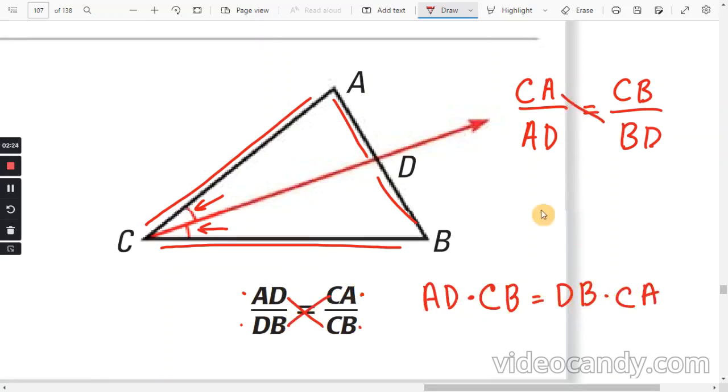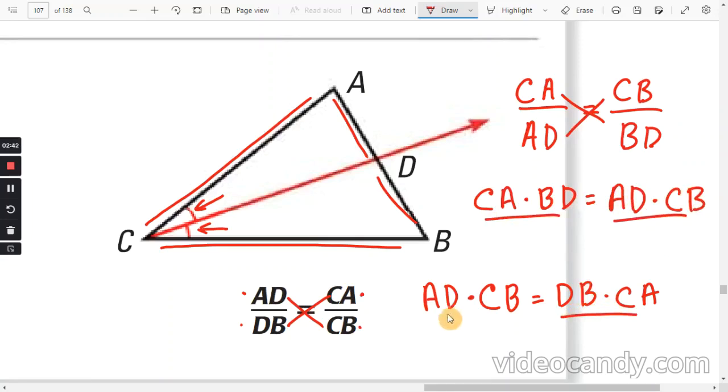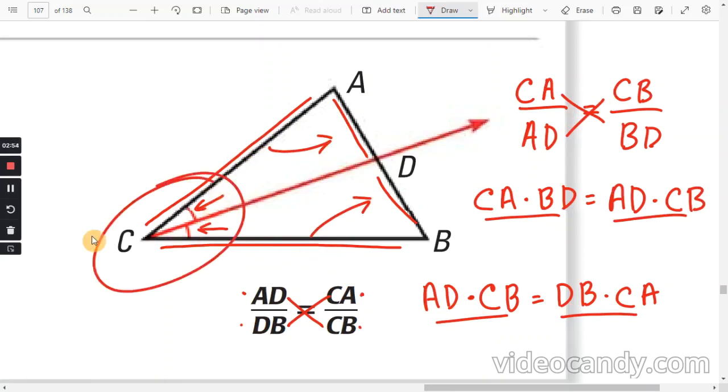And up here, CA times BD is going to equal AD times CB. Okay, so this matches that, and this one matches this one. So the way I did it is really the same, and I think it's easier to remember to do this side divided by that, and then this side divided by that. But this angle here has to be bisected in order for it to work.